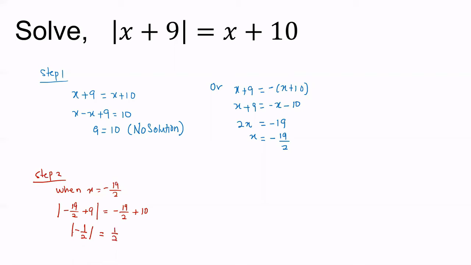Which means we take this as positive. So 1 over 2 equals 1 over 2, which means this condition is satisfied. So therefore, we can claim that the critical value of x, which is minus 19 over 2, satisfies the condition of the original equation.